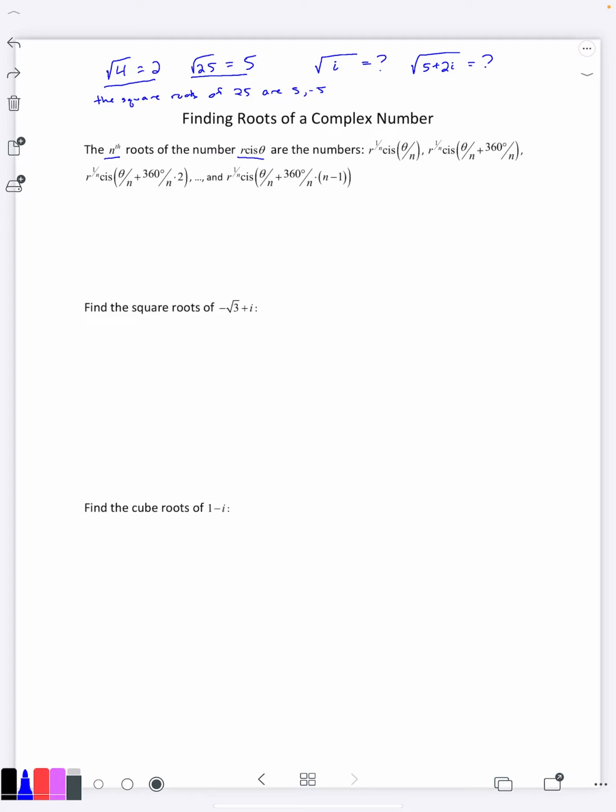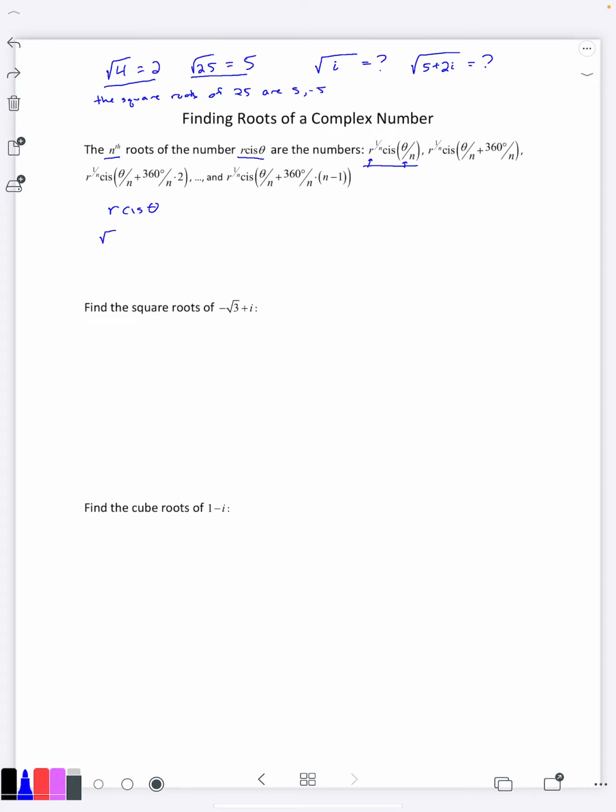all you have to do is take the nth root of the real number, and that goes in front, and then you divide the angle by the root that you're taking. So if you're talking about square roots, you divide the angle in half. If you're talking about cube roots, you divide the angle by 3, and so on. And we can just check really quickly here. Let's say we want the square root of r cis theta.